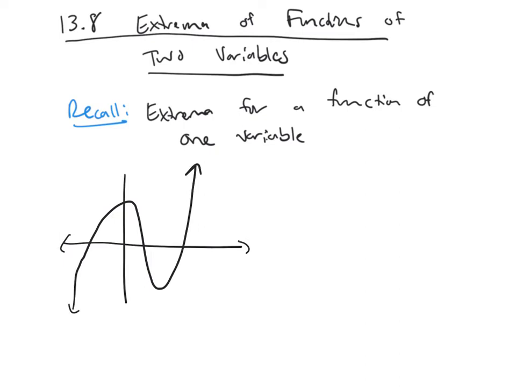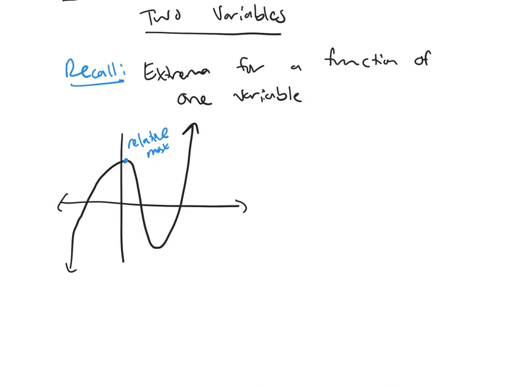Then this point up here was called a relative max. And this point down here was called a relative minimum. Relative just meant locally or nearby, that point was a maximum or a minimum.